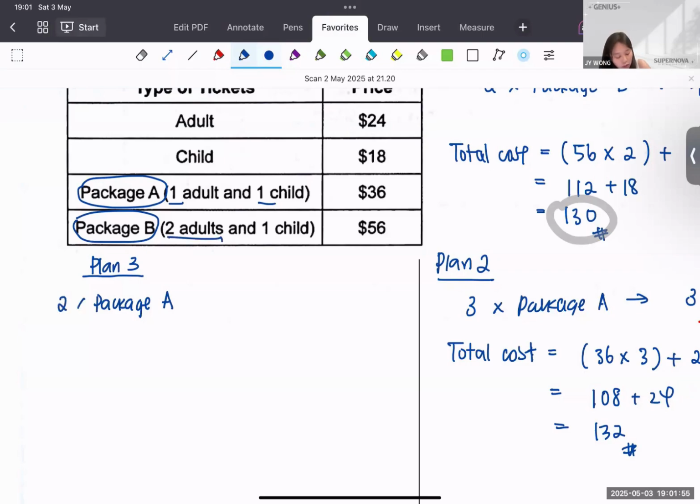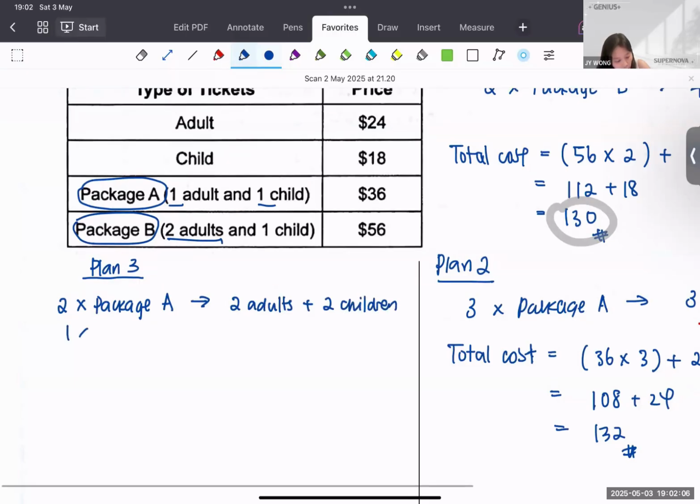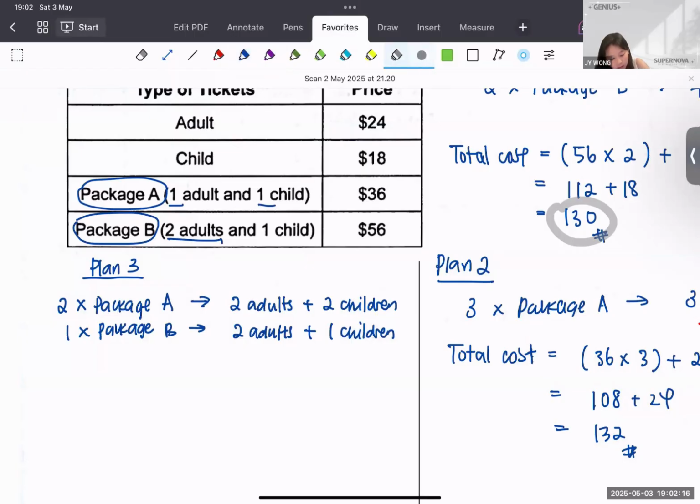So I will try and error 2 times package A. That will give me 2 adults plus 2 children. Then just nice, 1 package B will give me 2 adults and 1 child. And then do I get what I need? 2 adults and 2 adults, 4 adults.